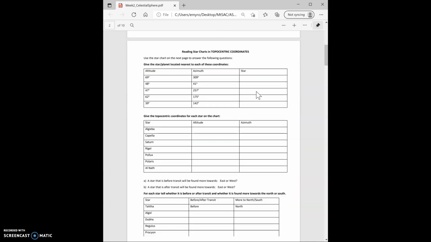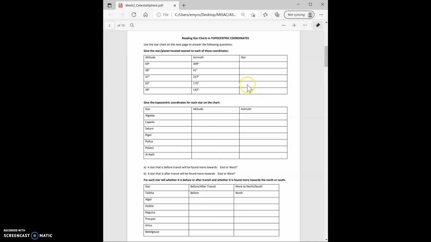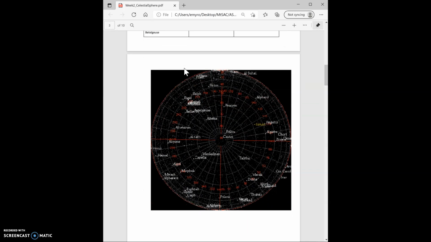So in this lab, you will have to complete the 3 tables reading the map. I will give you some altitude and azimuth coordinates. Find to which star it is corresponding in the map. For example, let's take the first example. Altitude 69, azimuth 309.